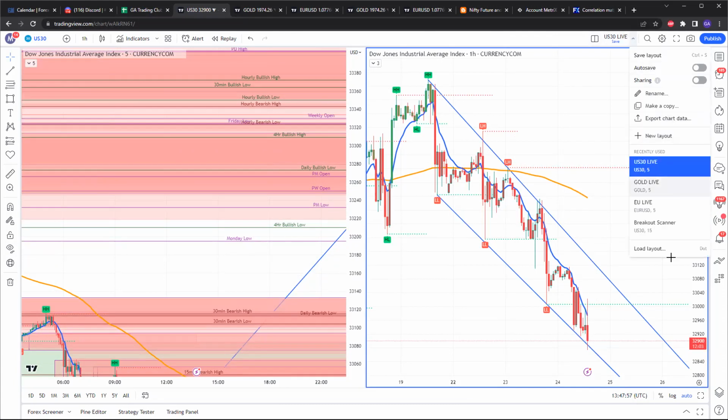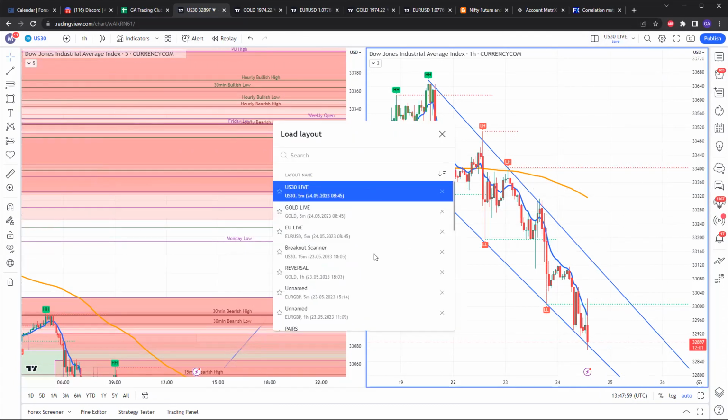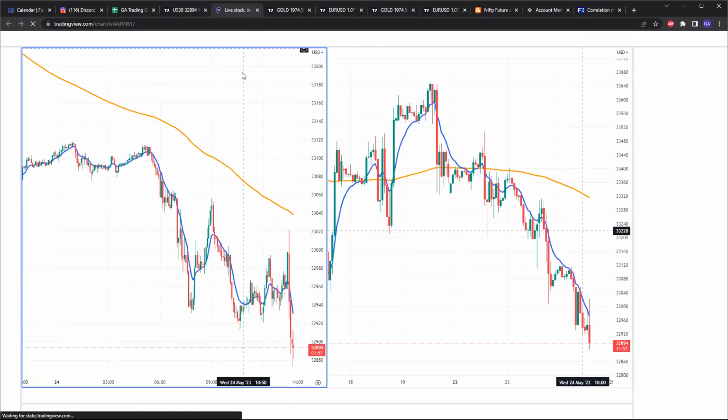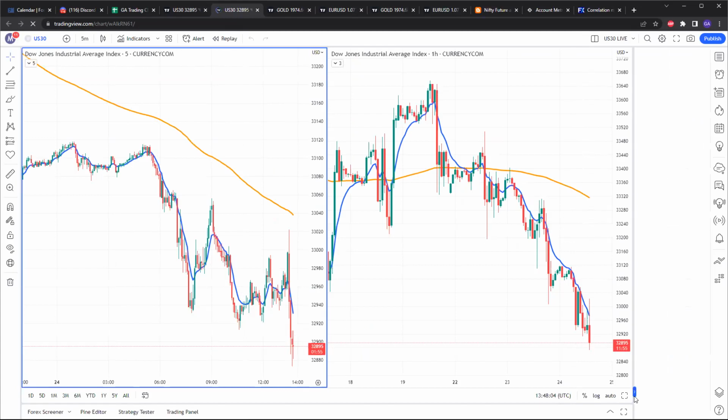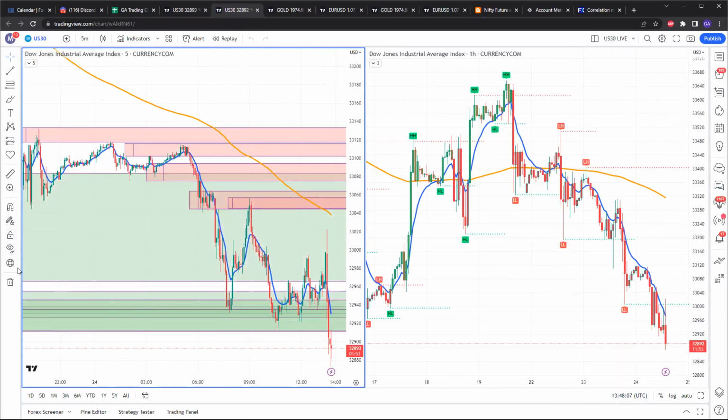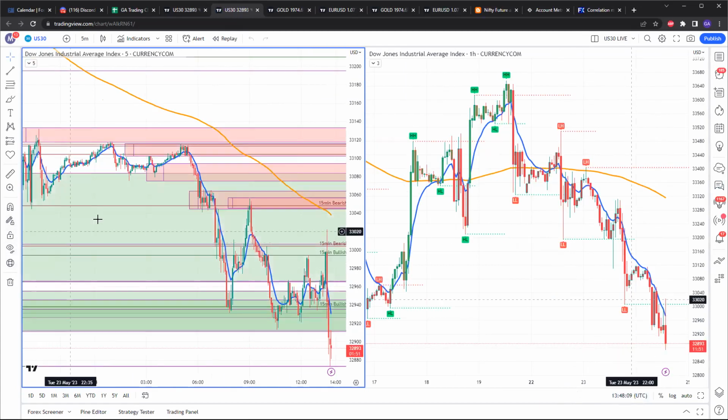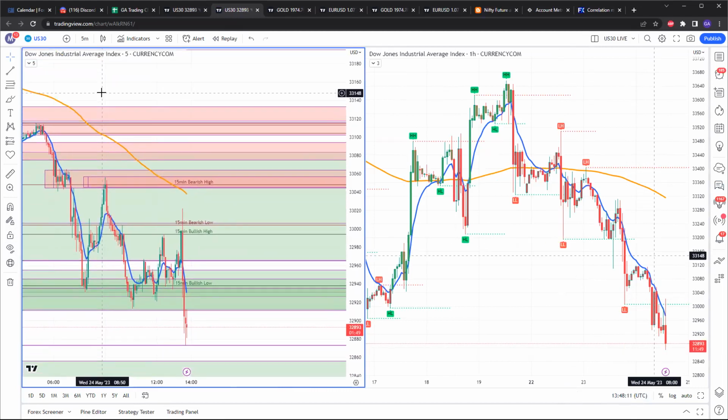Load layout and link, because I think in this one I had saved. Okay, perfect. Yeah, this is what I'm looking for. So this is the one I'd saved before.